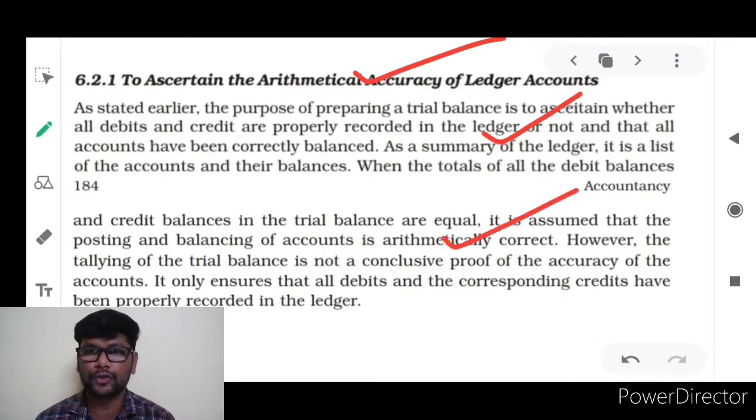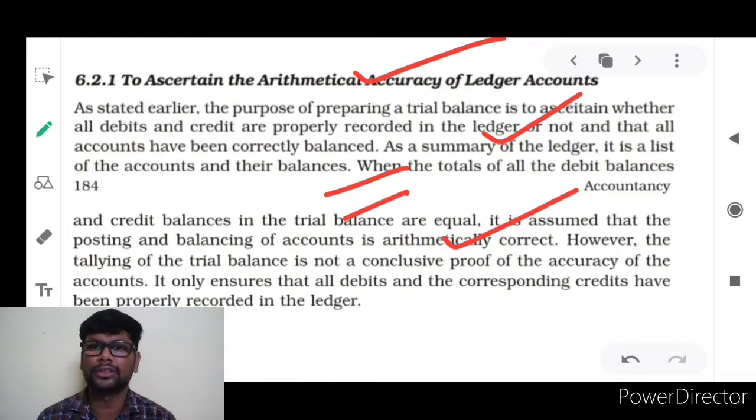So we come to know very clearly that we did all those things in proper form. After entering all the ledger account balances in the trial balance, we check the debit side and credit side. If both sides show equal balances, we assume that all the entries are perfectly recorded in the ledger and balanced perfectly.